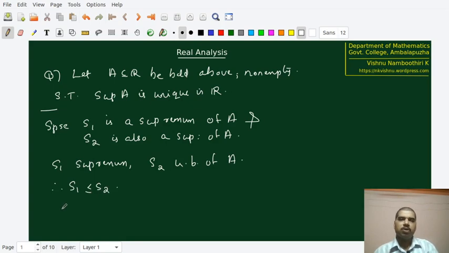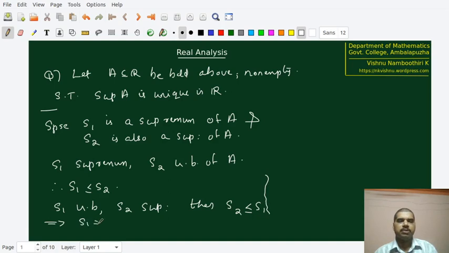Now, if we reverse the roles, S1 upper bound, S2 supremum, then S2 is less than or equal to S1. But these two together imply that S1 must be equal to S2. Therefore, supremum of a set, if it exists, is going to be unique.